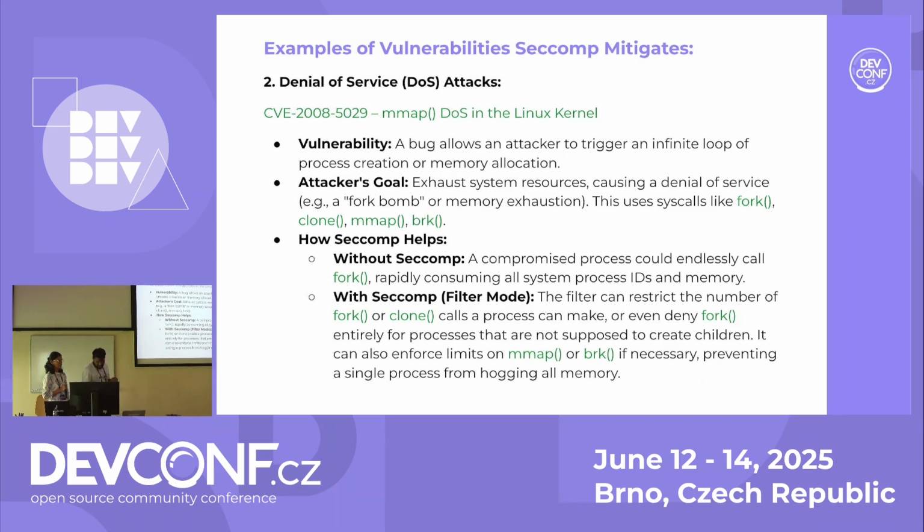That is mitigated by Seccomp by restricting the fork system call, the clone system call for creating processes, as well as mmap. Mmap is a system call which is called when you want to get memory resources.